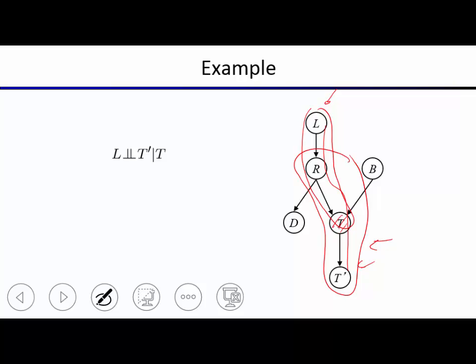Now, if we were to check the other triple, you might wonder, what's the influence of this being observed on whether that other triple is active or not? Never in our examples where we looked at triples did we look at what happens when one of the outer nodes is observed. It doesn't matter what the outer nodes do. When we catalog them as active or inactive, the only thing that matters for the categorization is whether the inner node is the one that's observed or not observed.